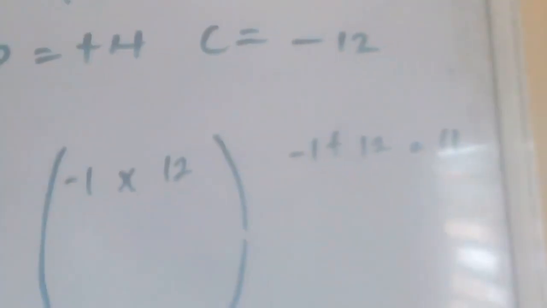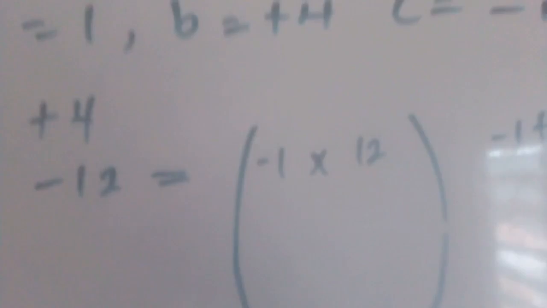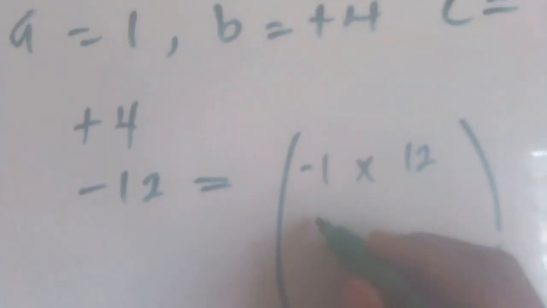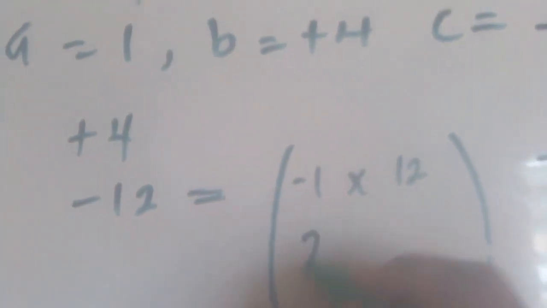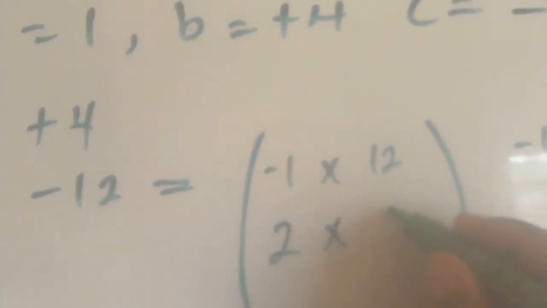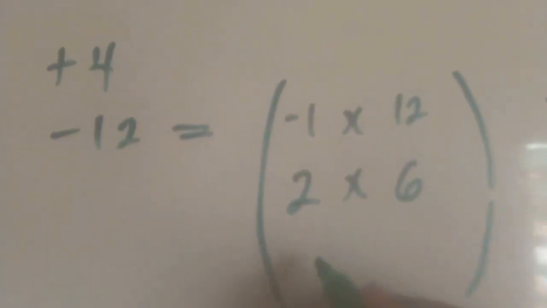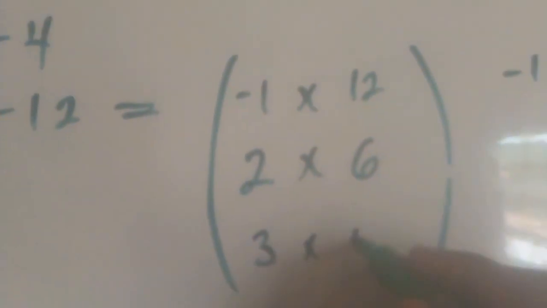So this is not the perfect way. So in the second one, we have 2 times 6, and we also have 3 times 4.